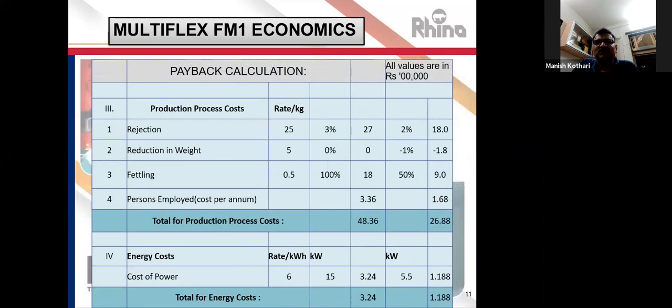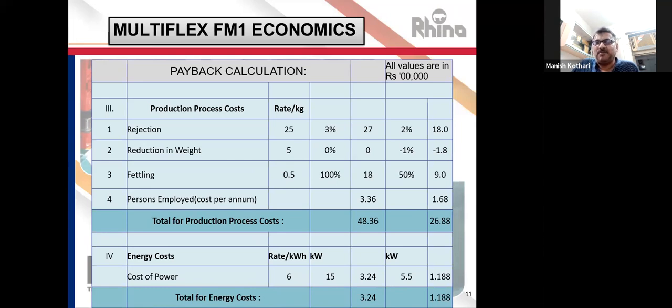The second part was on the process side. When the investment is more, how am I able to justify that investment? So three areas where we were focusing were reduction in rejection, reduction in weight, reduction in fettling, and reduction in number of people. And we made an estimate as compared to George-Squeeze. The third factor was the energy cost, because this was particularly specific to our molding machine.